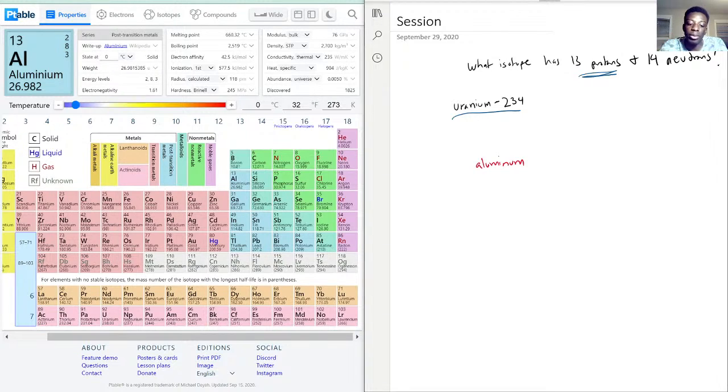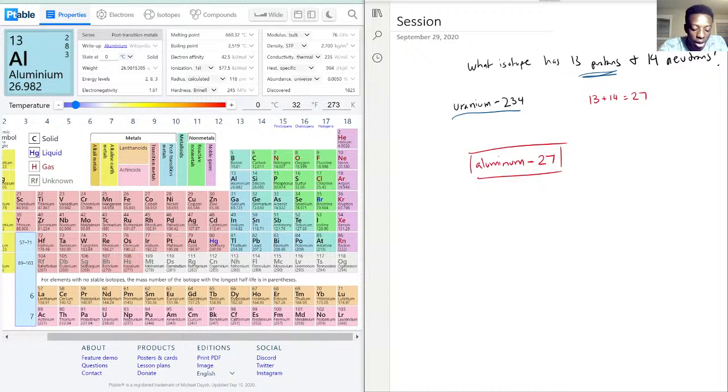A typical aluminum would have the same number of protons and neutrons, but because this one has 14 neutrons, we just add them together. That would be not the atomic mass, but how much the protons and neutrons added together would equal. So in this case, 13 plus 14, we get 27. So this element here will be aluminum 27. That will be the isotope for this question.